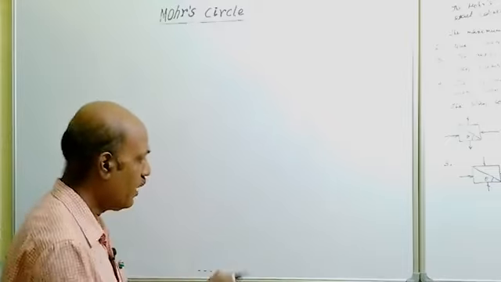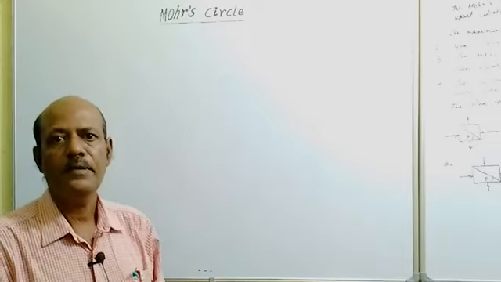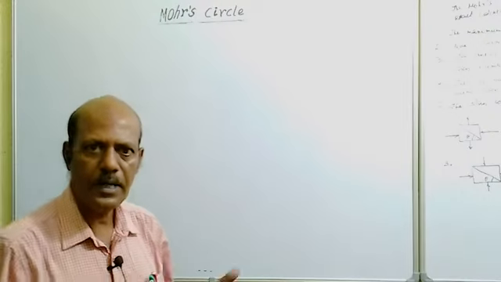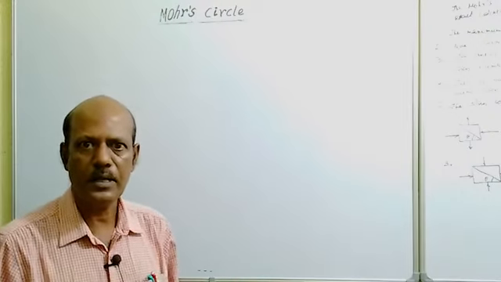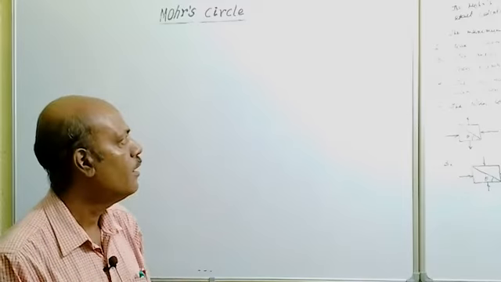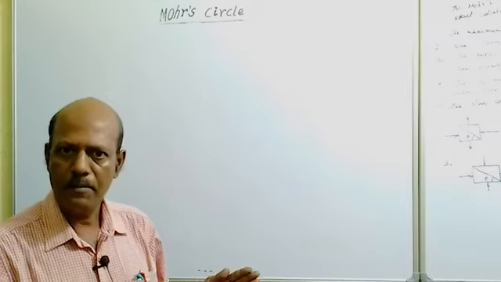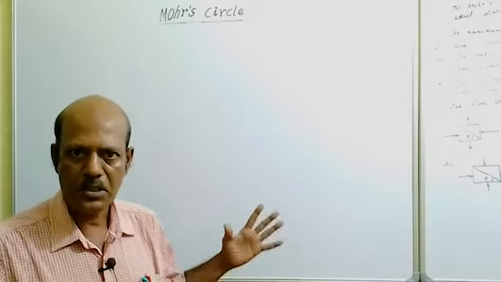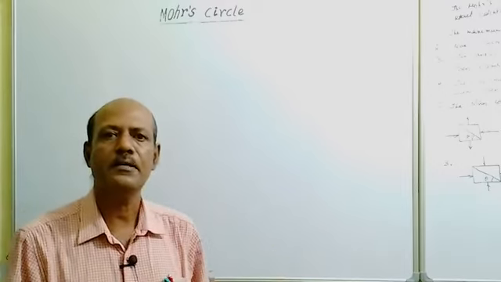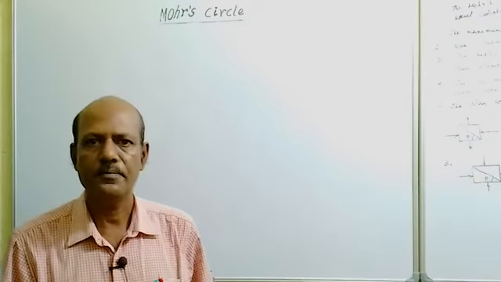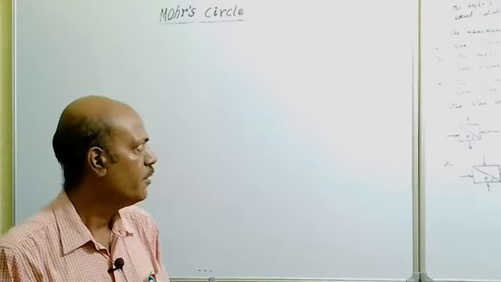I am writing them one by one. First, the maximum and minimum principal stress. We have studied the principal stresses; now by using the Mohr circle we can find the maximum and minimum principal stresses which can develop because of that complex stress system. Second, we can find the maximum shear stress which can develop because of the stress system acting on the body.